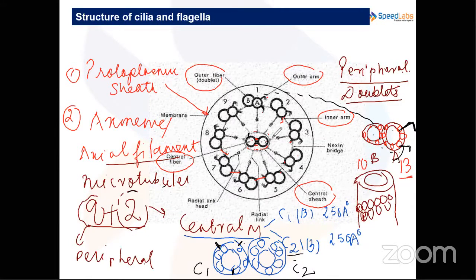These connections between the inner arm and the B subunit are called linkers.